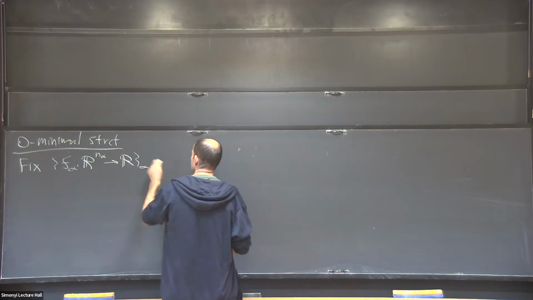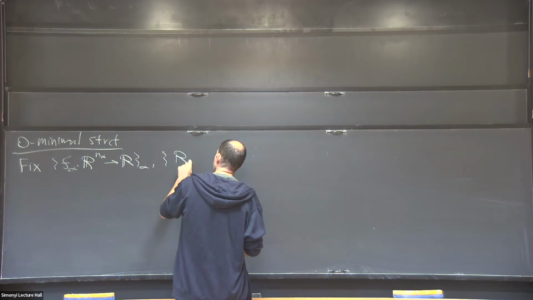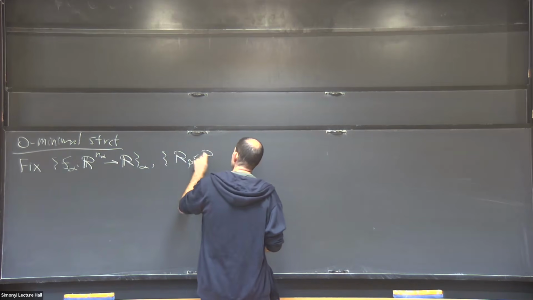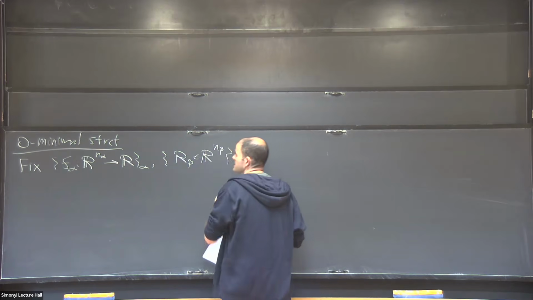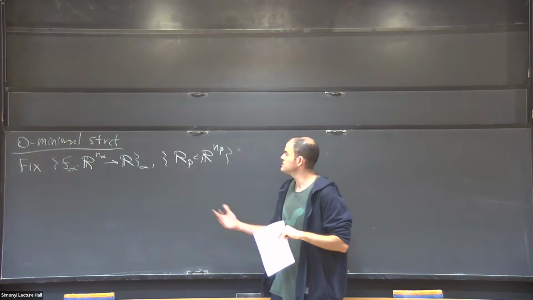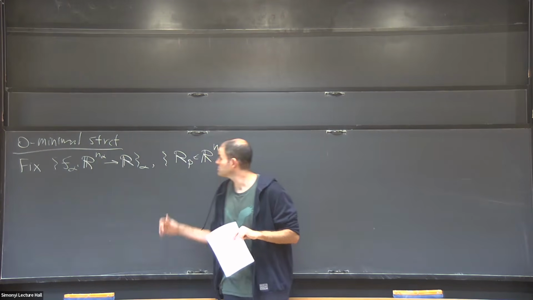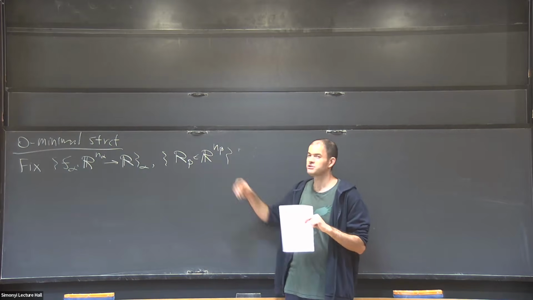And I'll fix some collection of sets, which I'll denote by R_beta, in R^{n_beta}. For the logicians, these I would call the function symbols in my language, and these I would call the relation symbols in my language. That's why I use R here.